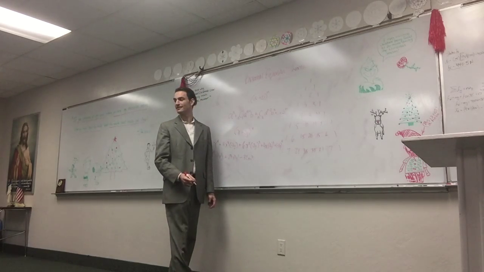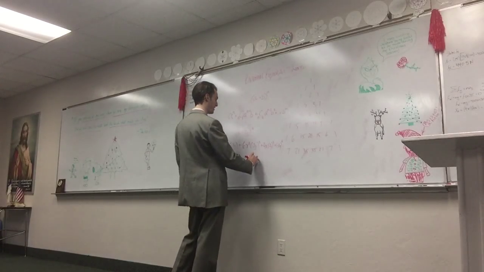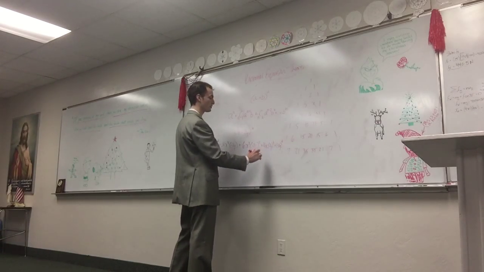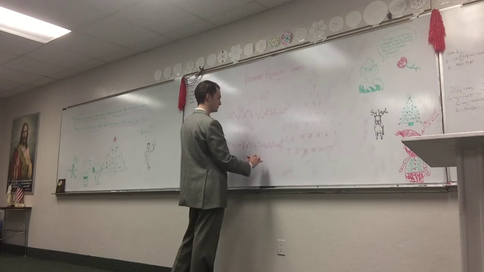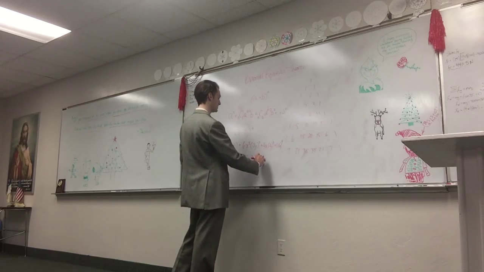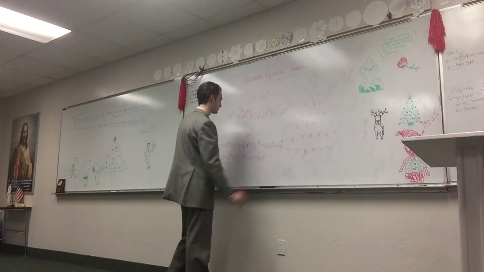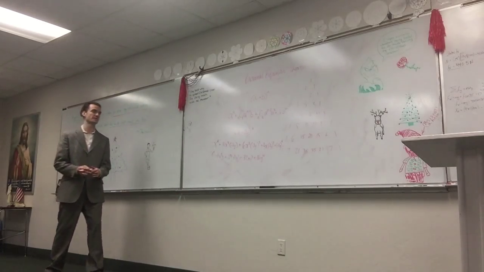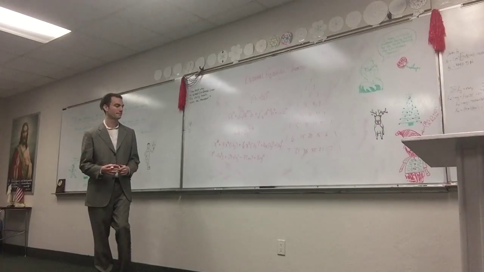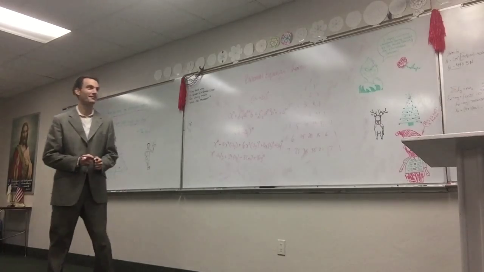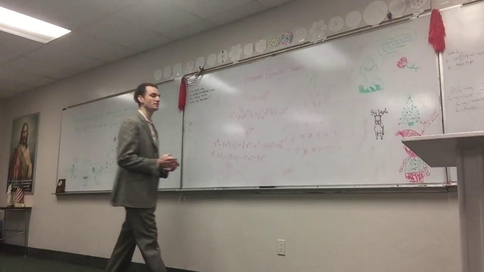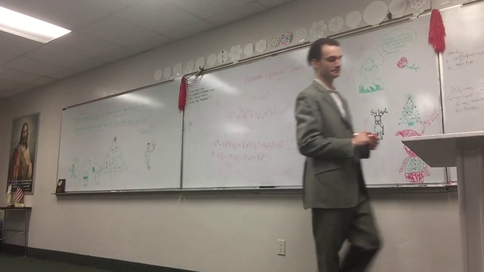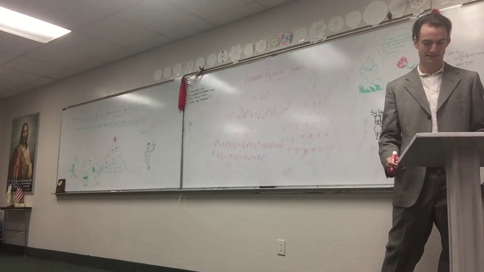Negative to the fourth power is positive. 2 to the fourth power is 16. y to the fourth. And that is your total and complete answer. Binomial expansion theorem completed.